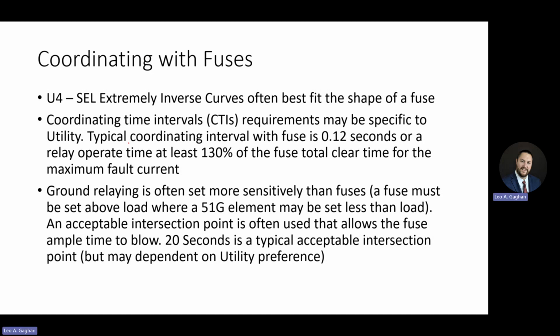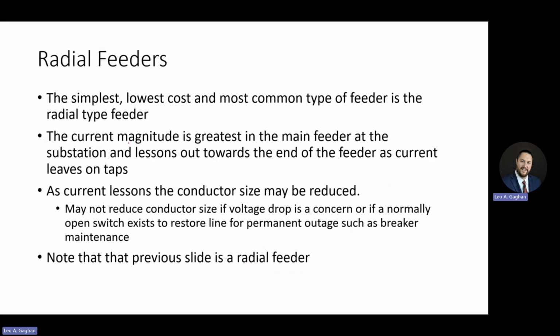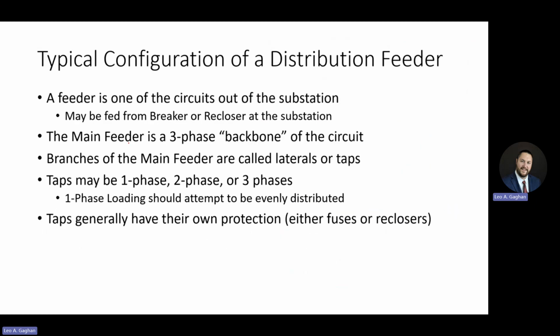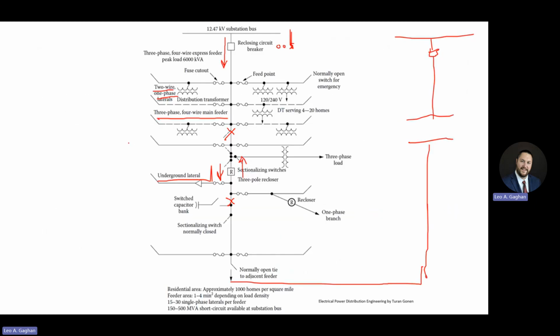If we think back to way back on here for coordination with a fuse, here we go. If we were to think of the coordination between, let's say, this breaker and that fuse, even if we didn't have a full coordinating time interval, a lot of the times you can think, okay, the fault happened. Both the breaker and the fuse saw it.